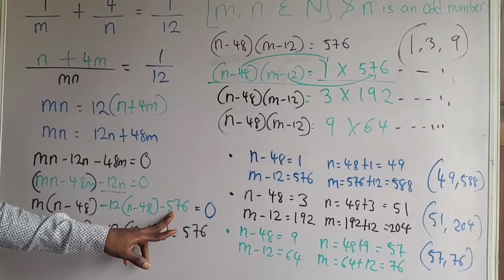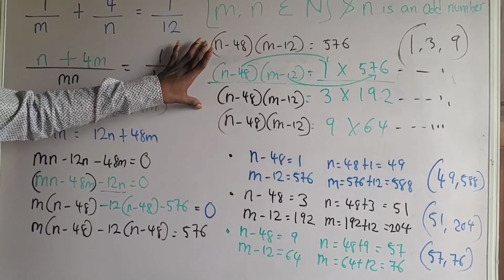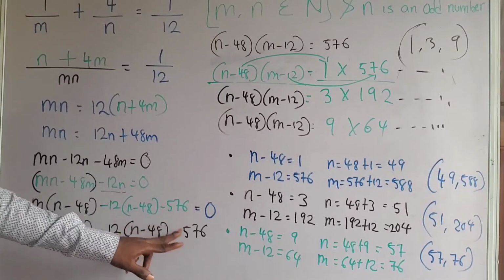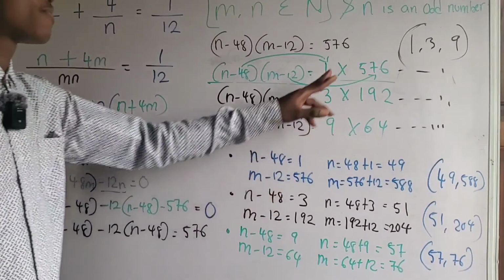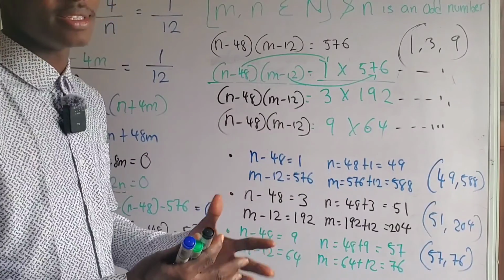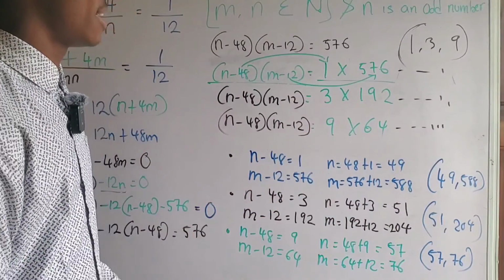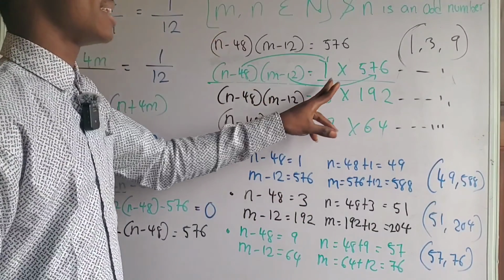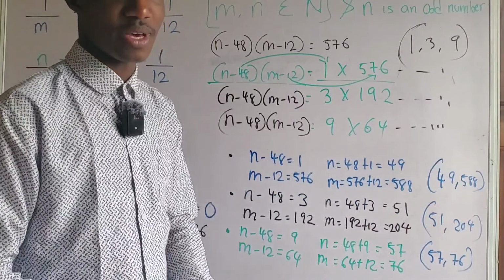Then I take the negative 576 to the other side, where it becomes positive. Then I express 576 in three terms, because we've been told that n is an odd number. Then I equate each part to what I have at the right hand side, and so I got all the solutions for the values of m and n.